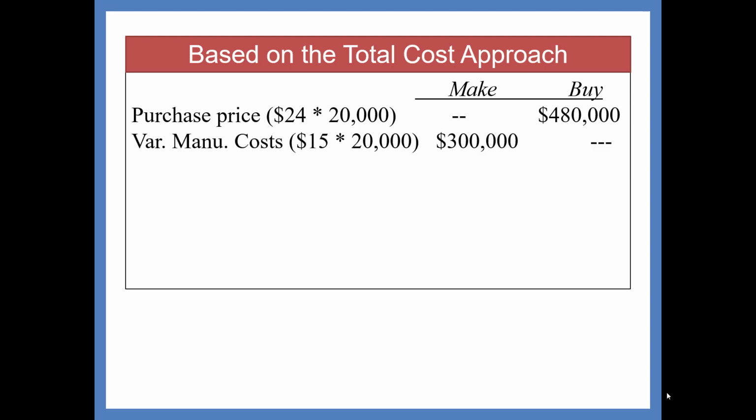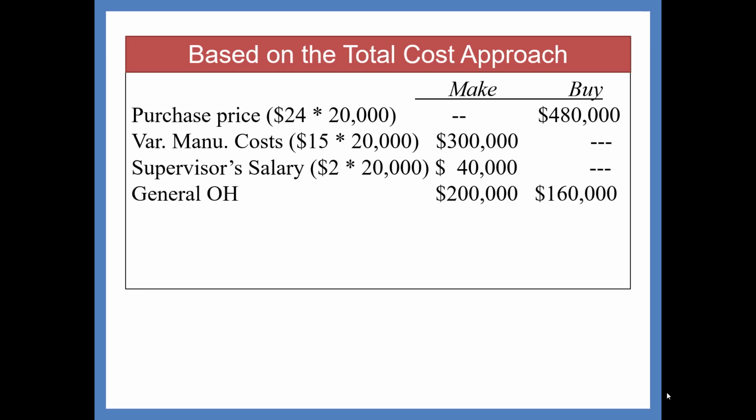Next up, the variable manufacturing costs. This $15 per unit will be incurred on each of the 20,000 units if we decide to make the part. The supervisor's salary will be incurred if we make the part. It will not be incurred if we buy the part.